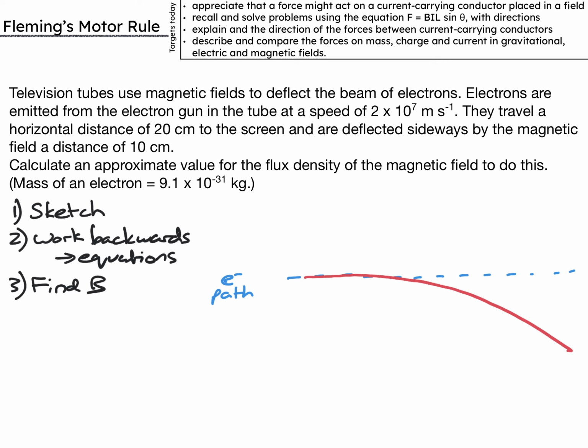It's travelling at 2 × 10⁷ meters per second. It travels horizontally 20 centimeters, and it is deflected 10 centimeters. And that's my drawing. It might not seem like much, but it didn't take me long either, and it is going to help me to think about the problem.